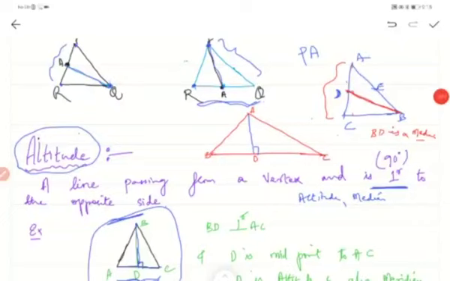So in this triangle, now tell me, AD is it a median or an altitude? Yes, it is an altitude, because from point A it is coming perpendicular to the opposite side, isn't it? It is coming perpendicular to BC, that is the opposite side BC. So you call AD an altitude.